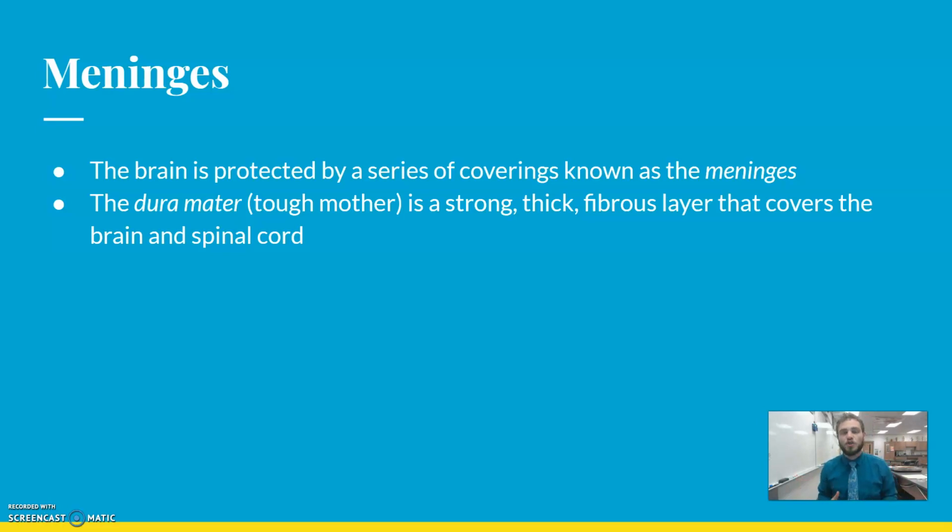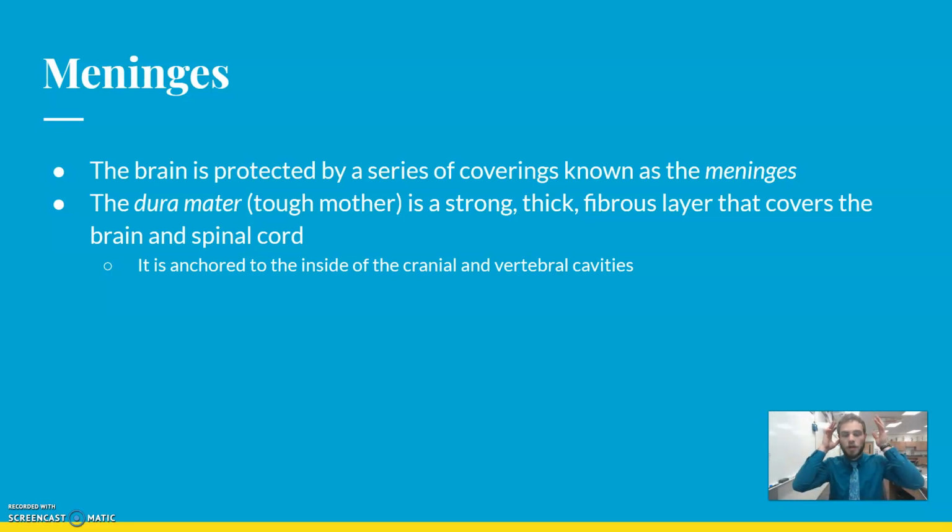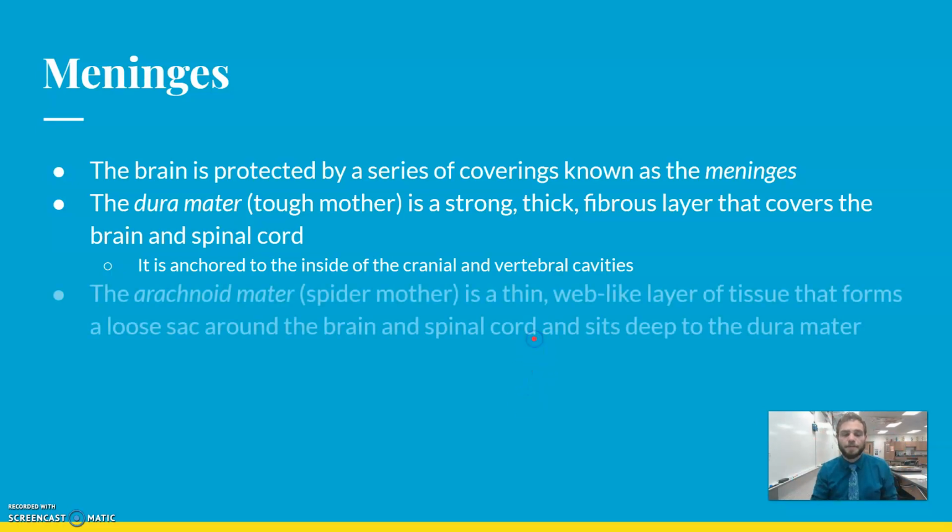It's a very, very strong and thick, as well as very fibrous layer that's going to cover the brain as well as the spinal cord. So you'll see it responsible for protecting your central nervous system. It's going to be anchored to the inside of your cranial and vertebral cavities, meaning that it's going to be anchoring itself right up against the bone, especially in your skull. It's going to be anchoring to each of your skull bones that you have.